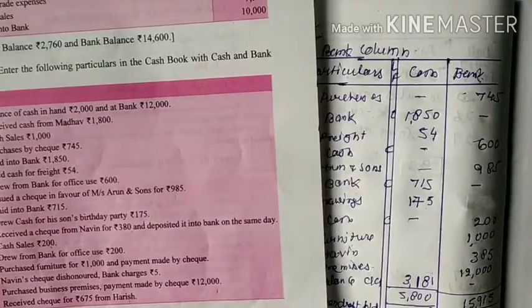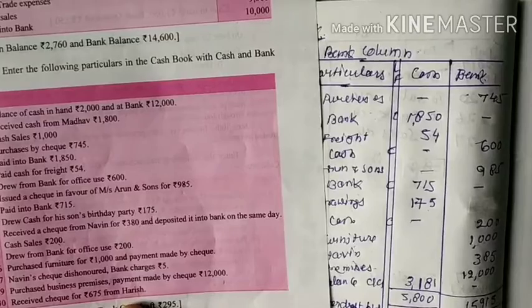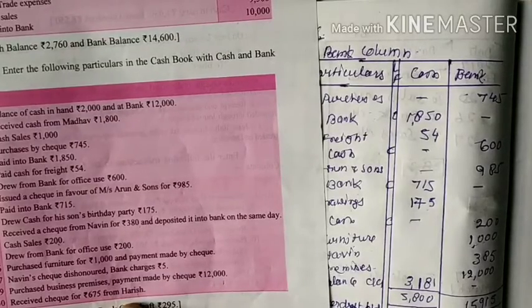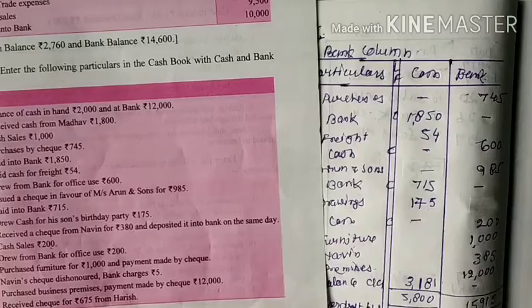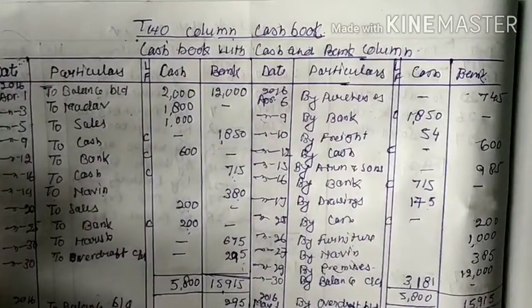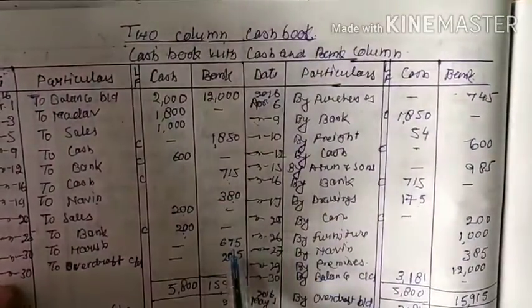No information is given whether we deposited it on the same day or not, so we will assume that we have deposited it on the same day. So 675 from Harish.